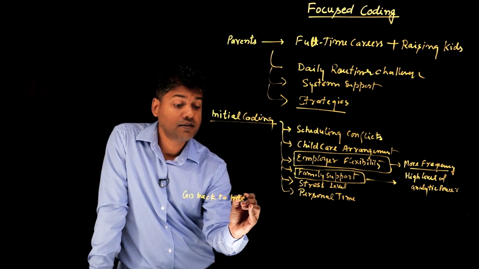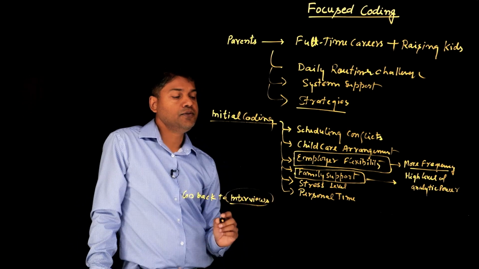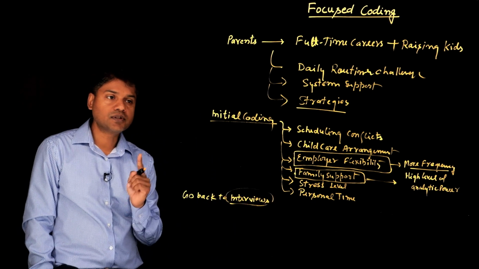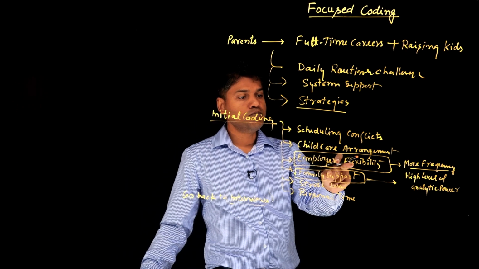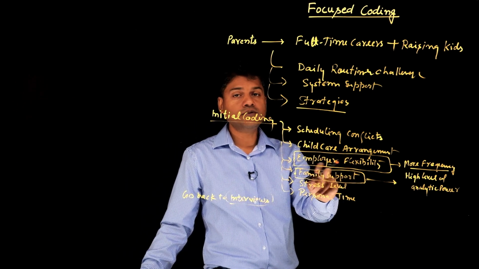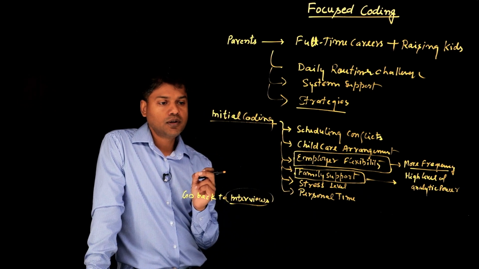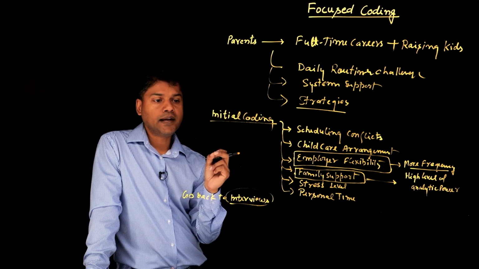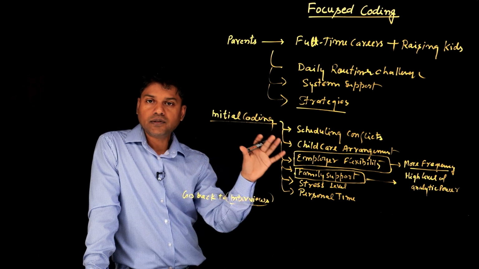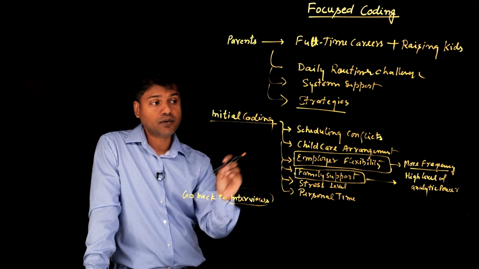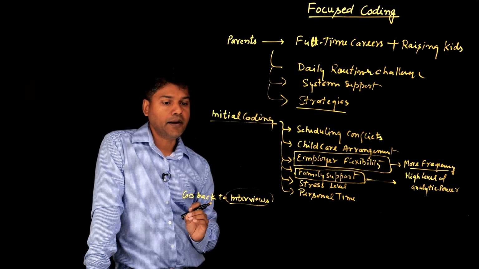In this case, I had interviews, so I'll go back to the interview transcripts, to the segments of the data which talk about employer flexibility and family support. And then I will recode, trying to understand the complexity and the variations involved in this particular code.